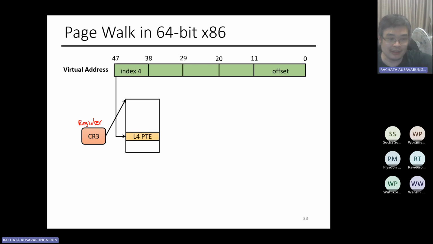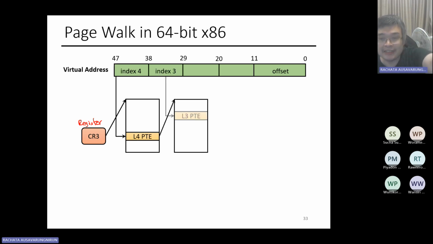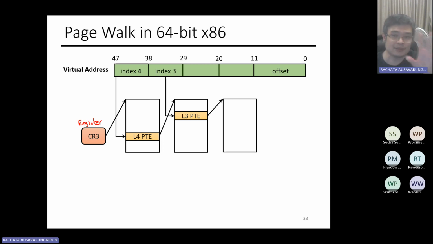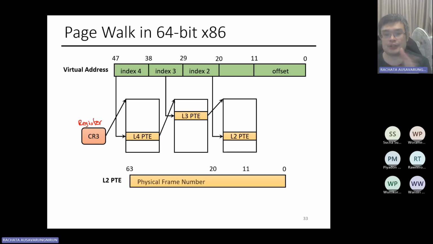Then you use the level 4 index to go into each of these levels, similar to the 2-level thing, right? With the 64-bit, the status bits will be in the lower 2 levels, which in this case consist of the physical frame number, basically pointing to the next page table, and then some metadata used to track the status of that particular page.